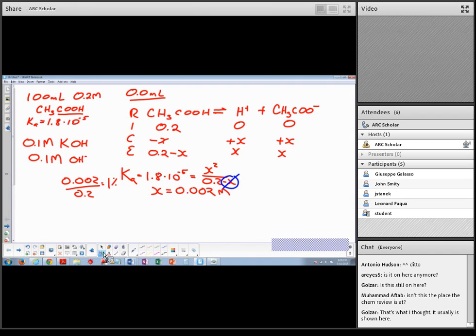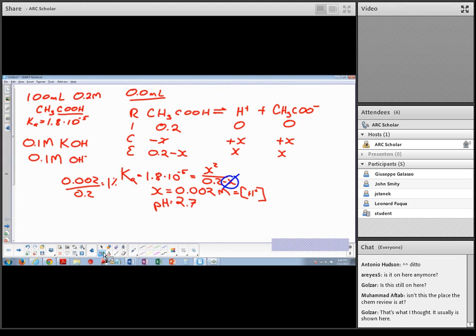Now this x is my H plus concentration. So then, what's my pH? Negative log of 0.002, which is roughly 2.7.